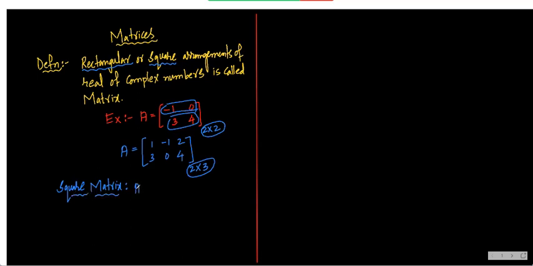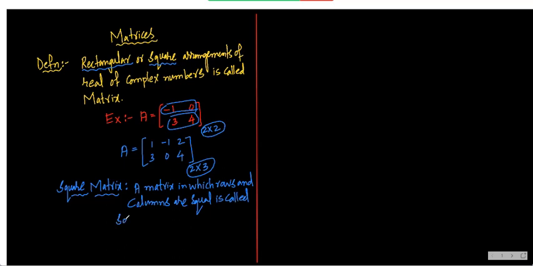A matrix in which rows and columns are equal is called, what do you call it as?